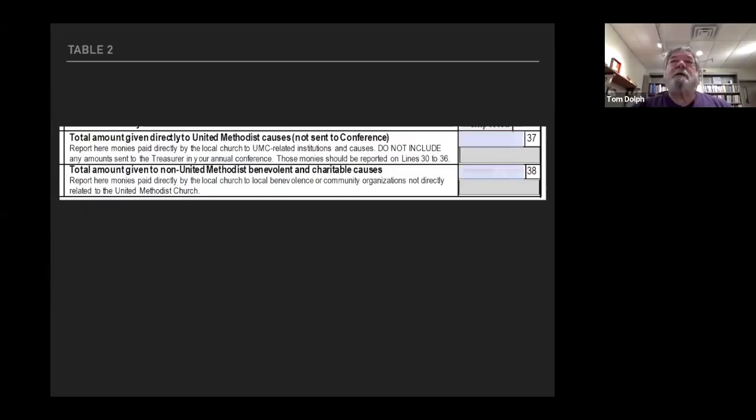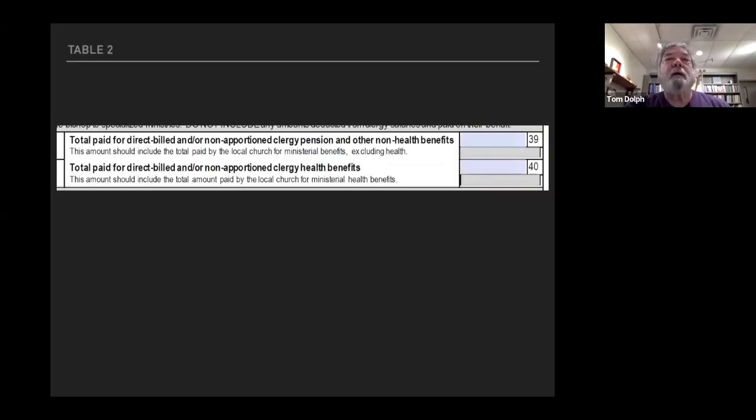Line 38 is imported from the worksheet. So the previous worksheet, there's a column that says line 38. Everything that you put there will end up here. Likewise, there is in that worksheet a place for all your pastor's expenses, including things like salary, utilities, pensions, insurance, whatever you pay.